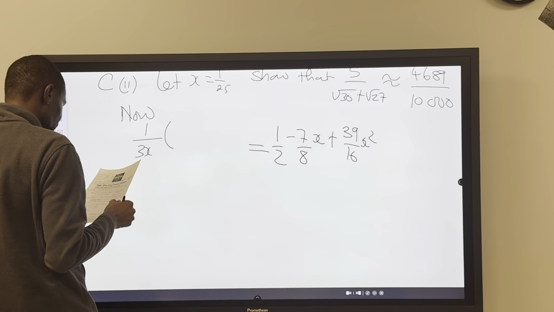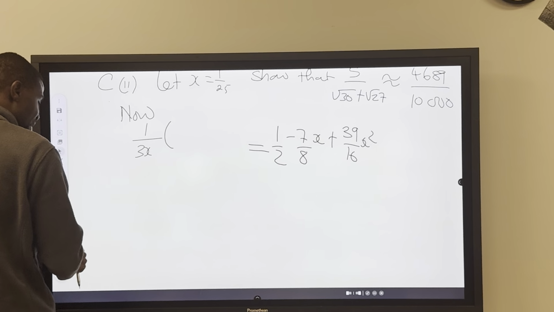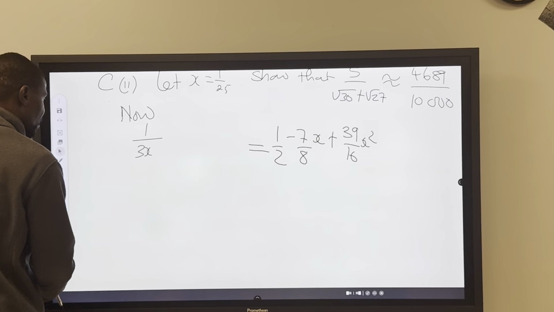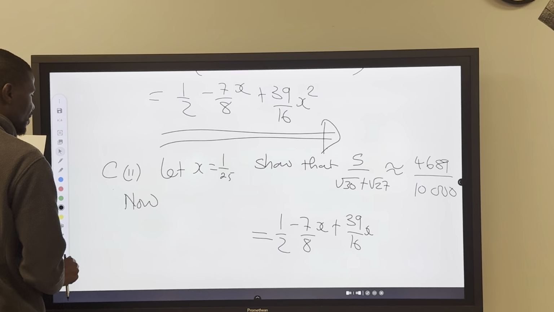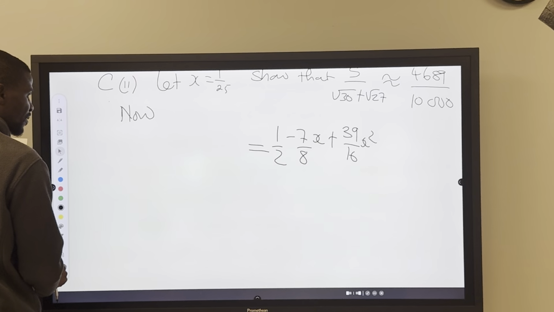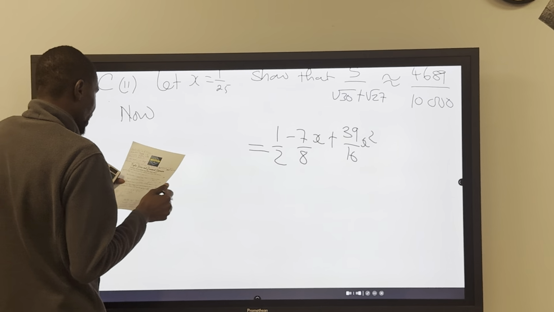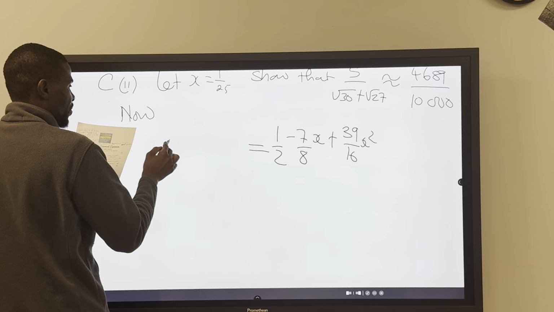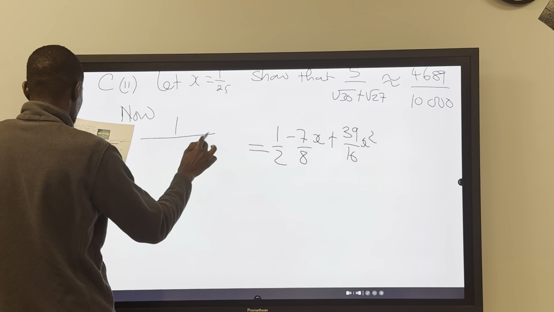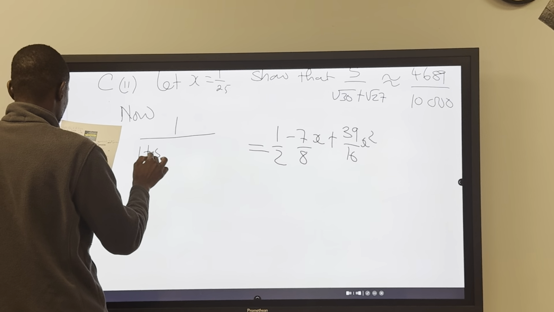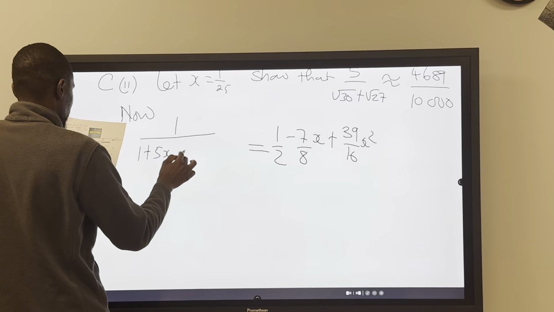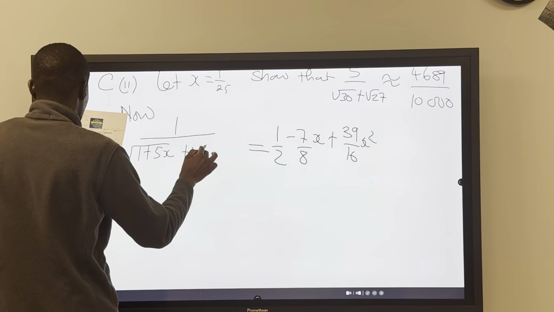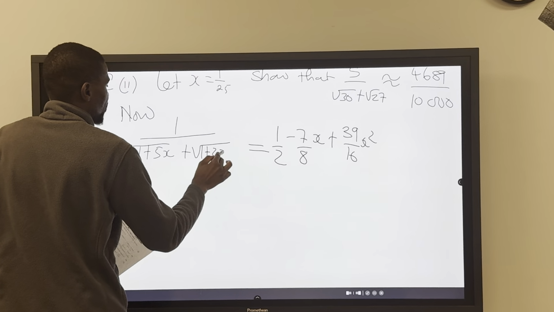No, let's not use 1 over 3x, but let's use the other one. Okay, so it was y equal to 1 over square root of 1 plus 5x plus square root of 1 plus 2x.